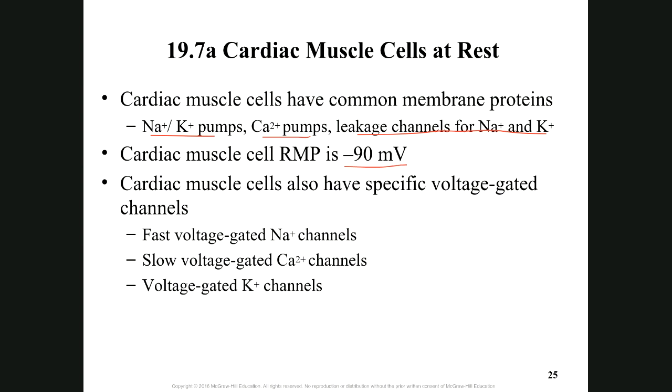If you remember, in the nodal cell the resting membrane potential is negative 60, and in our neurons it's negative 70 millivolts. The cardiac muscle cell has specific voltage-gated channels: fast voltage-gated sodium channels, slow voltage-gated calcium channels, and voltage-gated potassium channels.